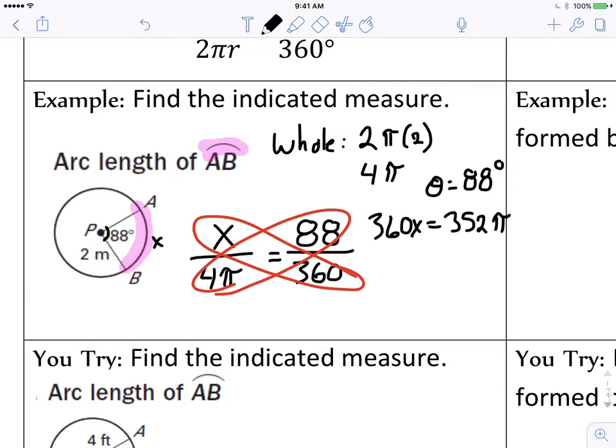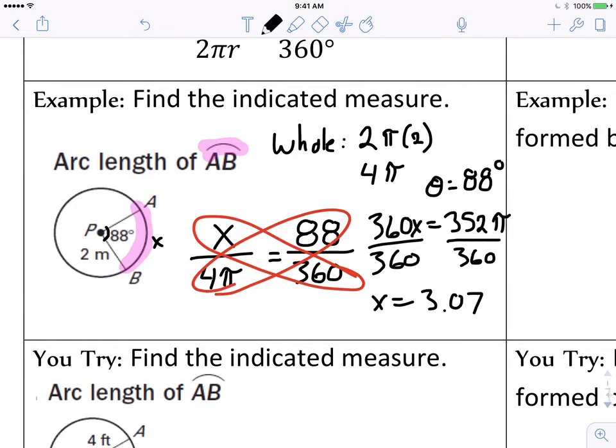And then we can still leave the pi for now. And for our final answer, we'll divide both sides by 360. And x equals, I'm just going to plug that whole thing in my calculator, 352 pi divided by 360. So that arc measure is 3.07.